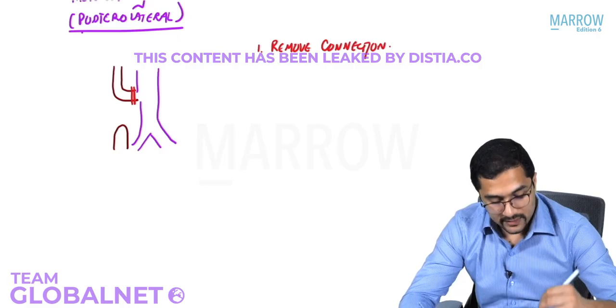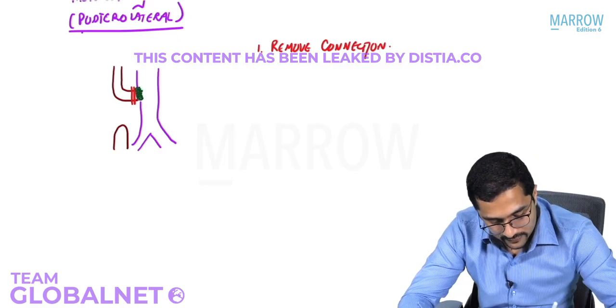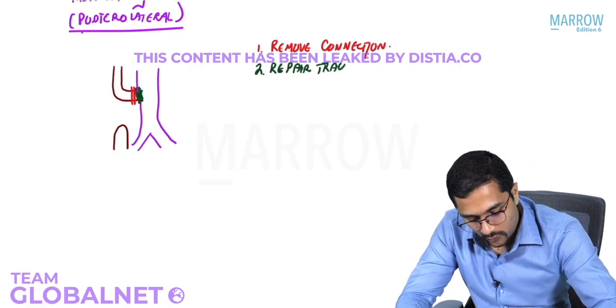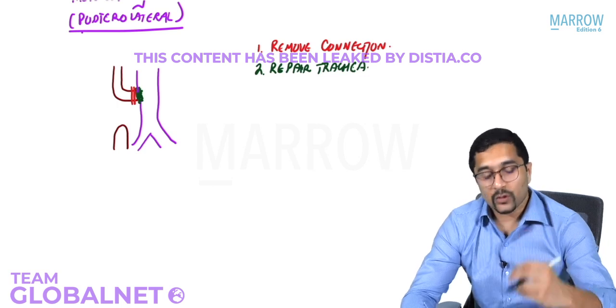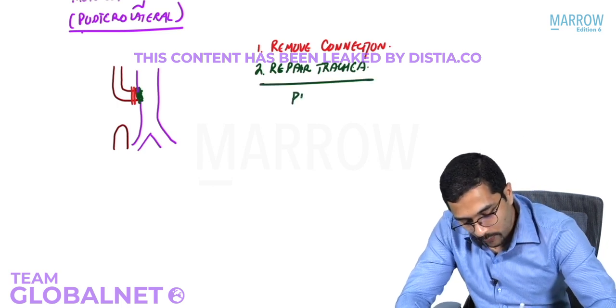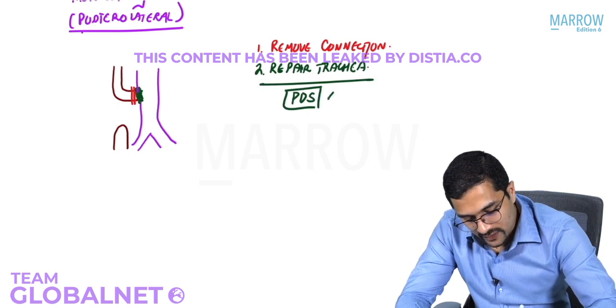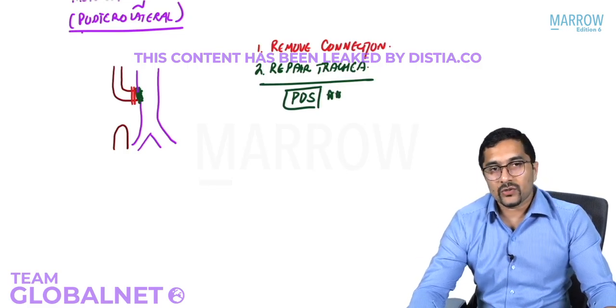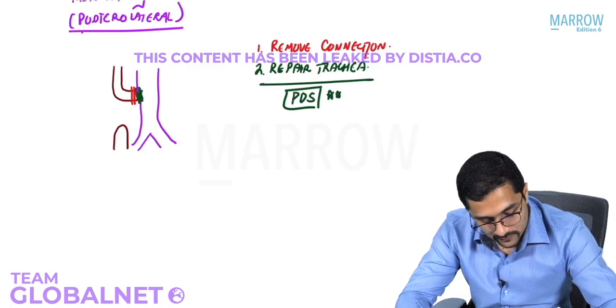The second thing is we repair the trachea. And to repair the trachea, if you remember the module on sutures and knots, I told you that PDS, polydioxanone, which is a synthetic absorbable suture, is used to repair the trachea.